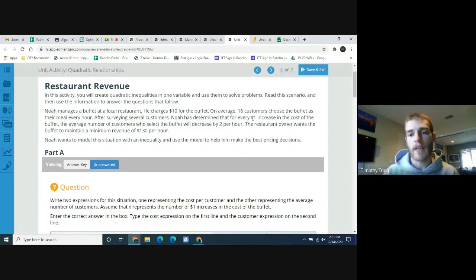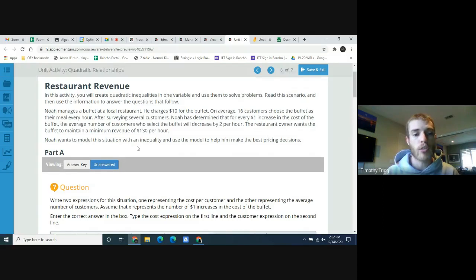In other words, if he increases the price by $1, there'll be 2 fewer people that choose the buffet. That makes sense, right? If you increase the price, fewer people are going to choose that option. The restaurant owner wants the buffet to maintain a minimum revenue of $130 per hour.